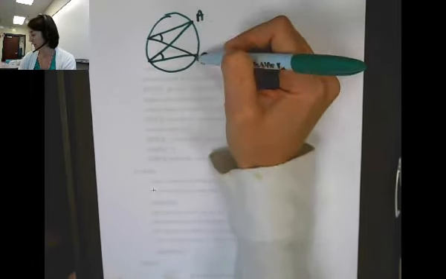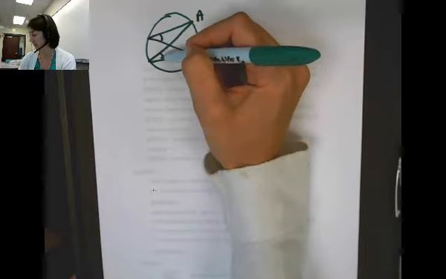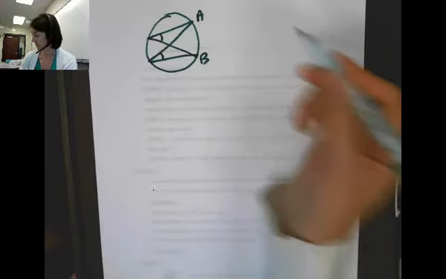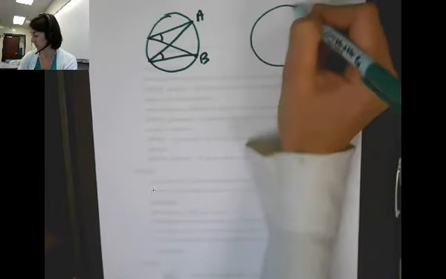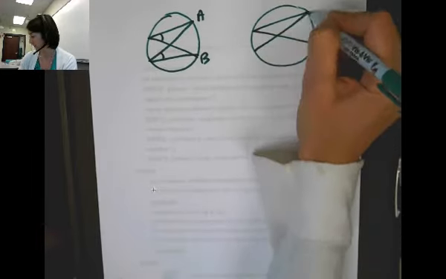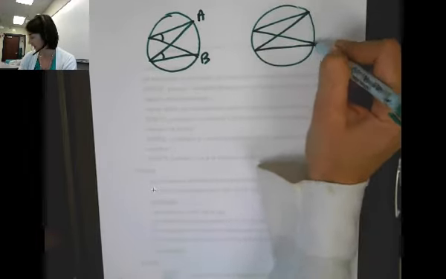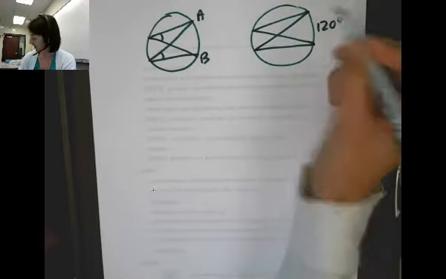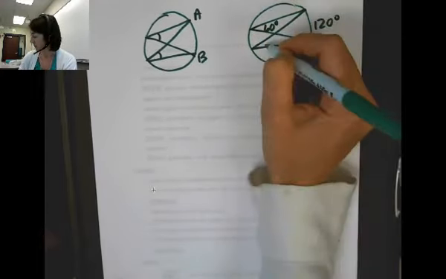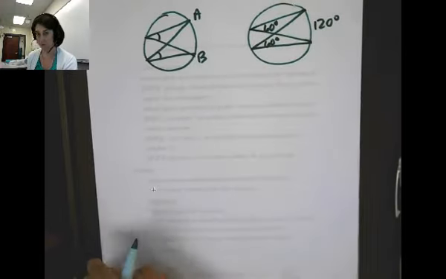So if this is 100, this is 50, and so is this, because they both have the same intercepted arc. Let me draw one more example with a couple numbers. Same kind of scenario. If this is 120, then this guy has to be 60 because of the theorem we just looked at, and they would be congruent because they have the same intercepted arc.